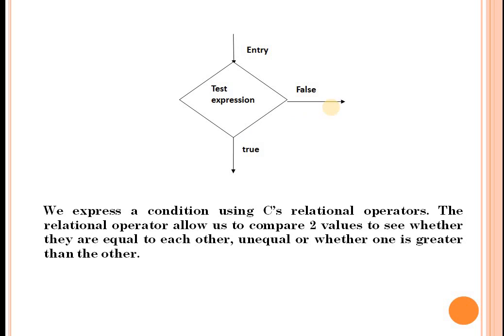We express a condition using C's relational operators. The relational operators allow us to compare two values to see whether they are equal to each other or unequal, or whether one is greater than the other. We can use different types of relational expressions like x is equal to y, x is less than y, x is less than or equal to y.